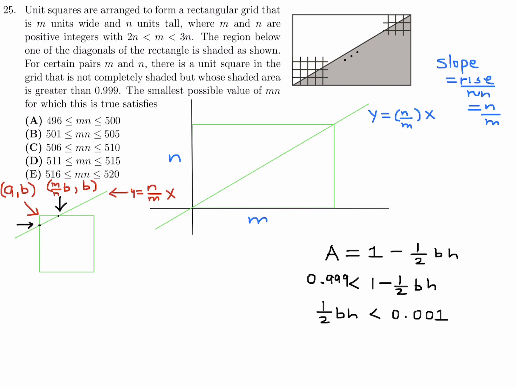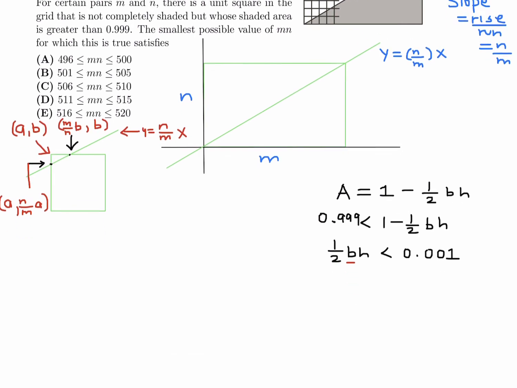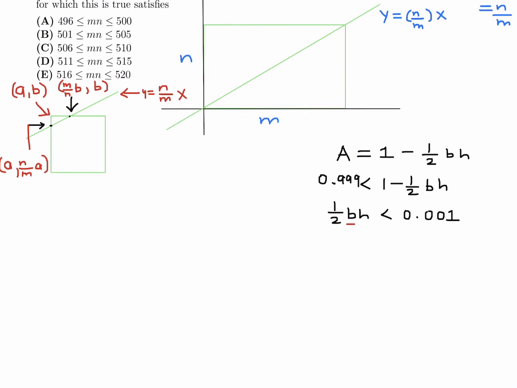In a very similar way, this coordinate right here is going to have the same x coordinate as AB. So it's going to be a, but then the y coordinate I get from that equation. So it'll be n over m a, like that. So that is how we label this diagram, and that allows me to figure out base times height. So this equation now becomes 1/2 base. Well, the base, I can use that part.